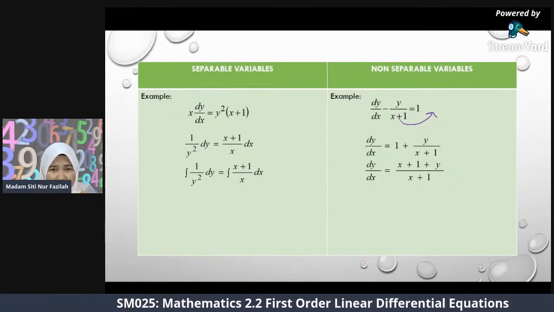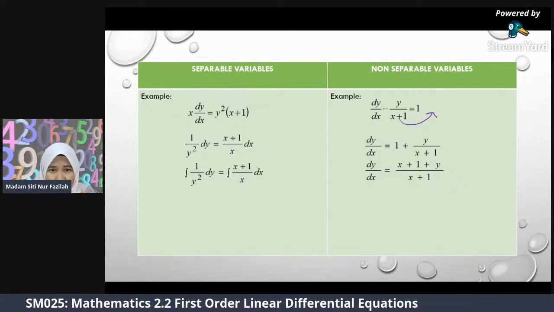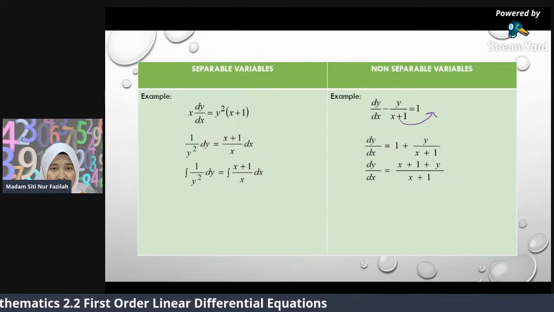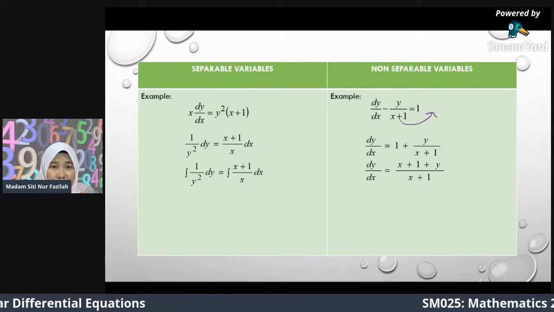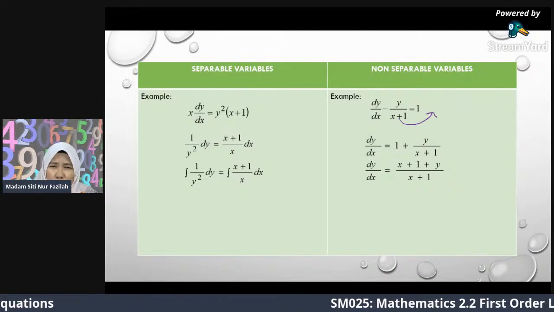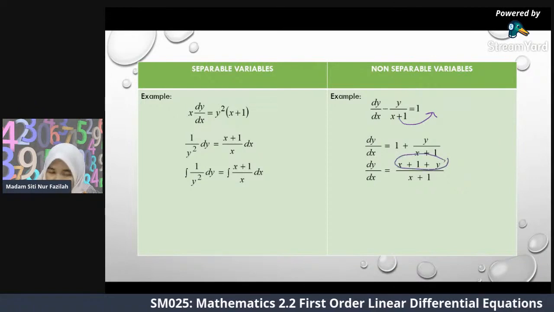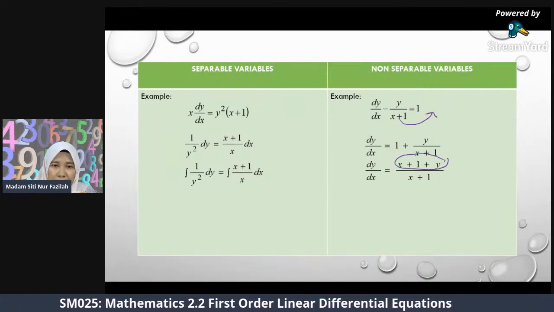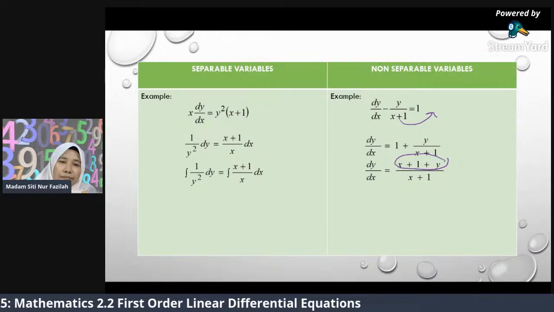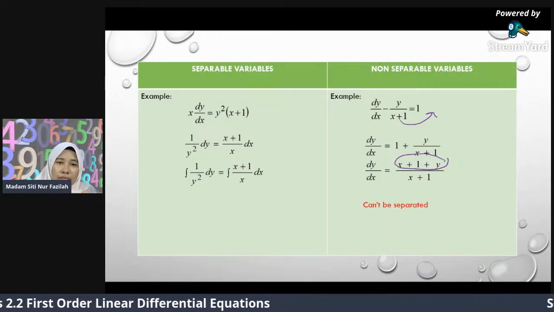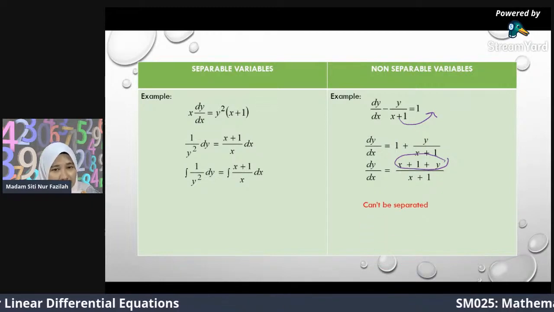This equation, we cannot separate the function of x and the function of y. We can say it cannot be separated.